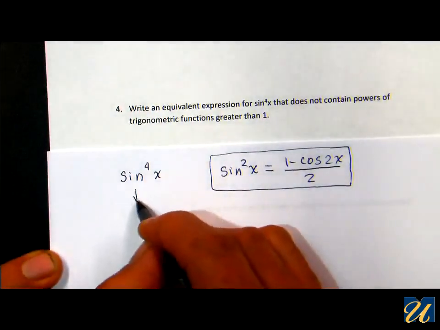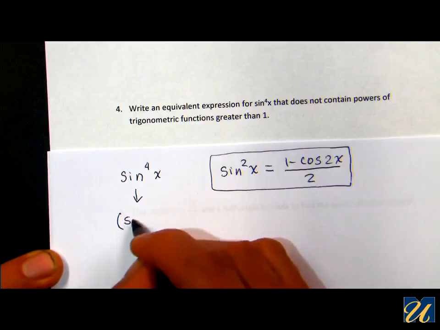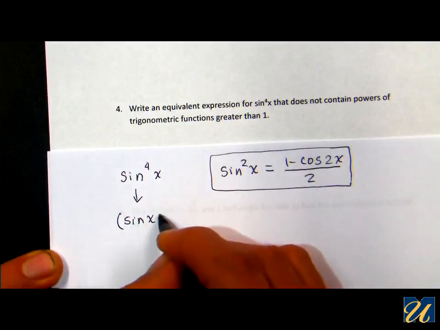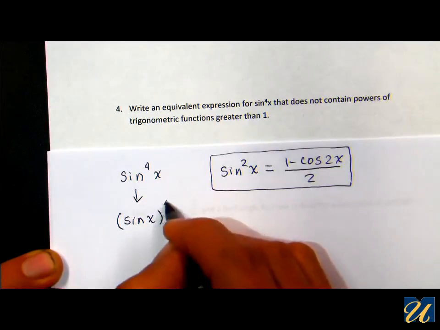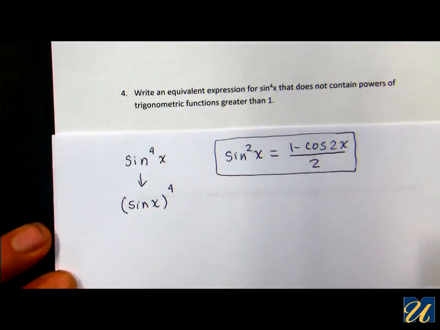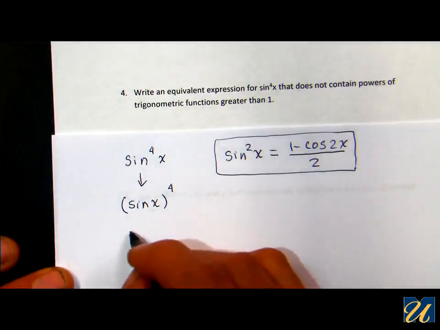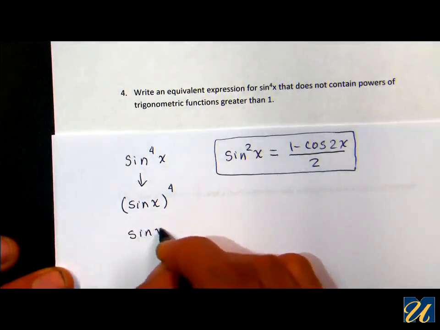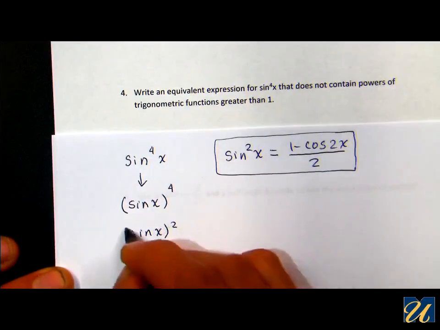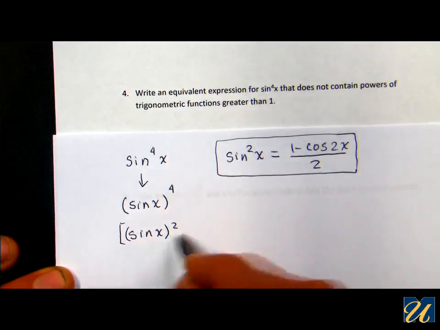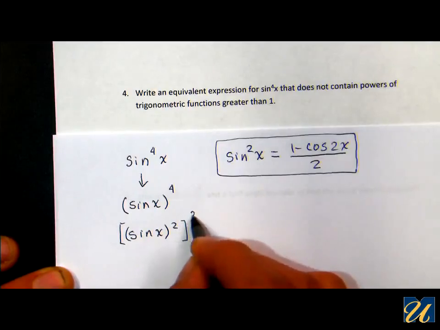Okay, first of all, what this means is sine of x to the fourth. But we can think of that in a different way. So let's think of it as sine of x squared, and that whole expression there squared.